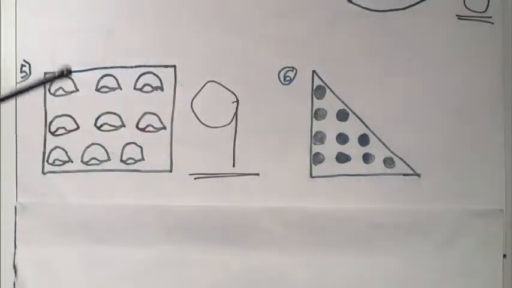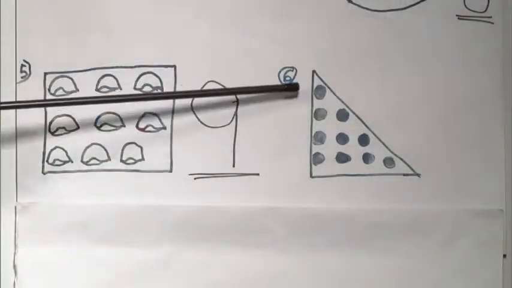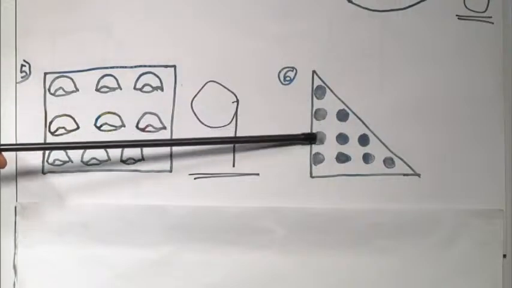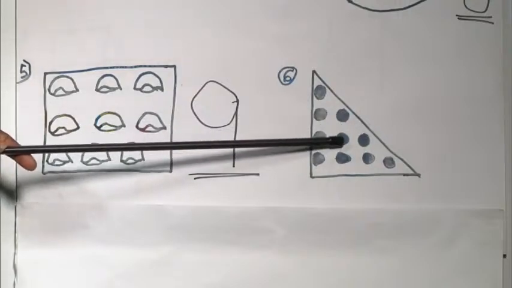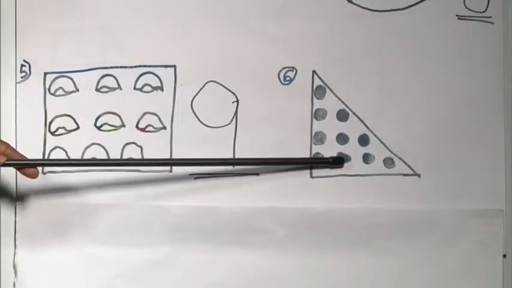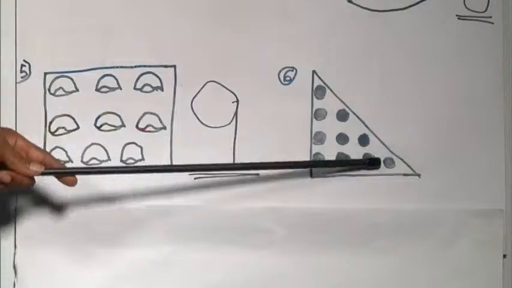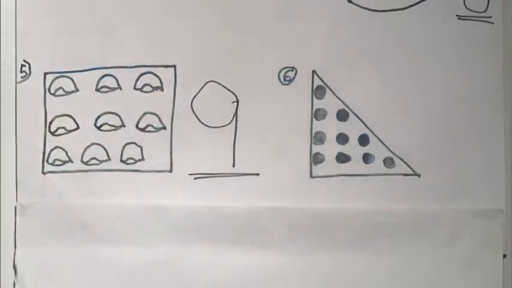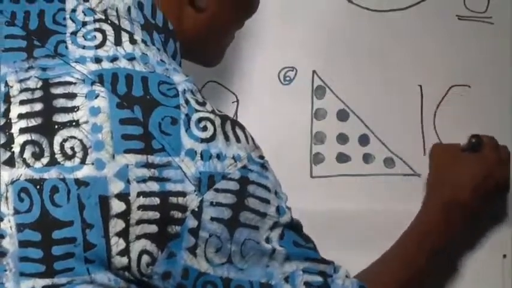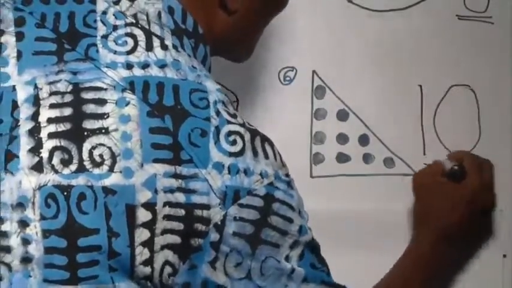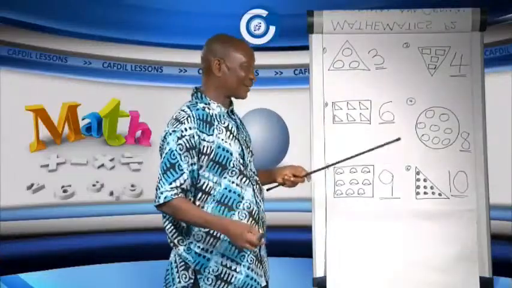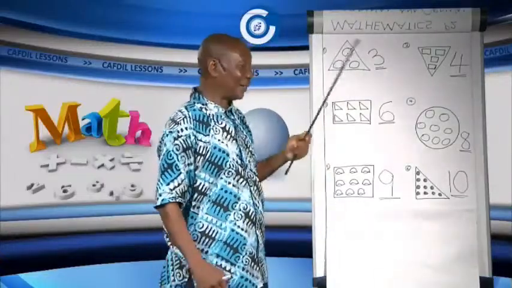Let's go to number 6. Let's count. 1, 2, 3, 4, 5, 6, 7, 8, 9, 10. How many? 10. So it means 10 is a cardinal number.